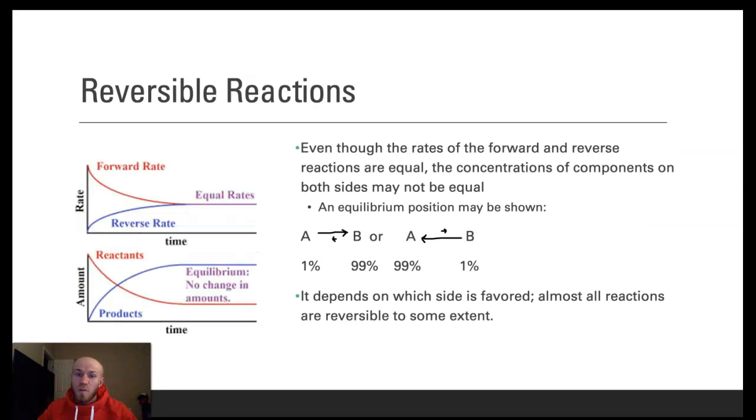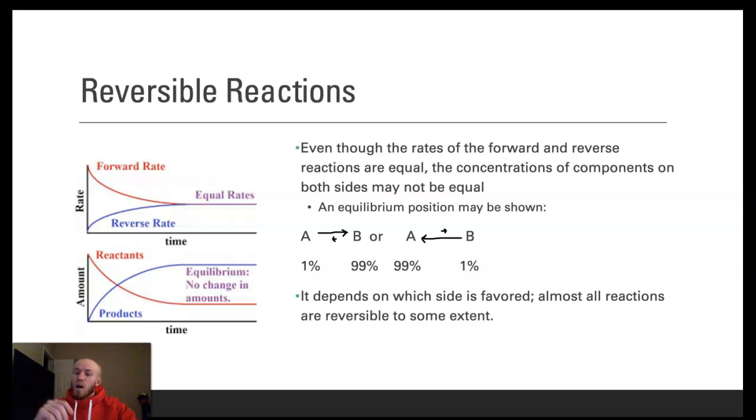I do have a diagram here on the left-hand side. When we're looking at the rates of the forward and reverse reactions, they're going to be equal. We have the forward rate, the reverse rate, and then at some point during the reaction, we get to an equal rate, and that's where we have the equilibrium, where it's going back and forth both ways, but there's no net change in the amount.